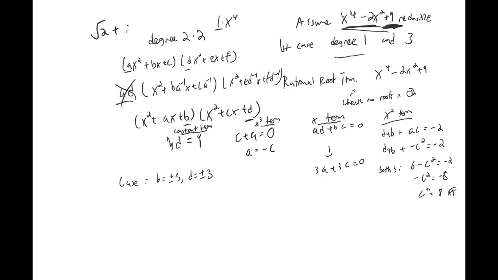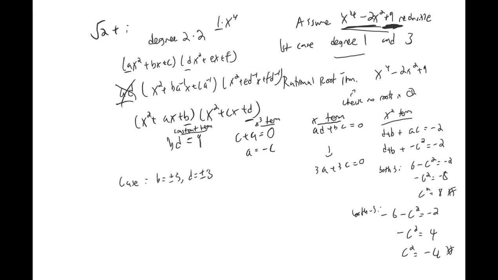On the other hand, if it's negative 6 minus c squared is negative 2, then negative c squared is 4, so c squared is negative 4. This also cannot happen, since the square root of negative 4 is not a rational number. So from here, we see that it's not possible.